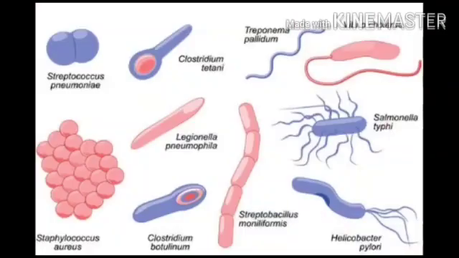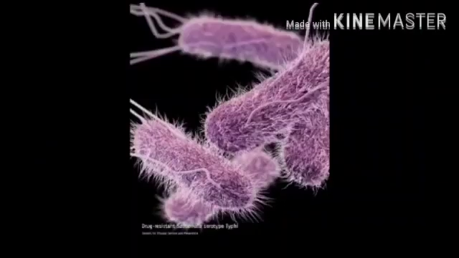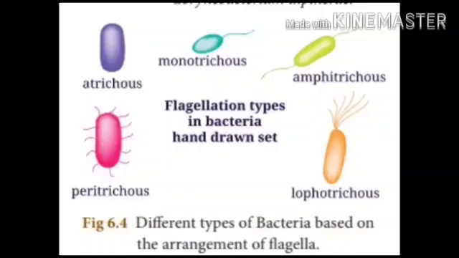Example, Vibrio cholerae. Bacteria are also classified according to the number and arrangement of flagella as follows: monotrichous, lophotrichous, amphitrichous, peritrichous and atrichous. Monotrichous means a single flagellum at one end. Example, Vibrio cholerae.